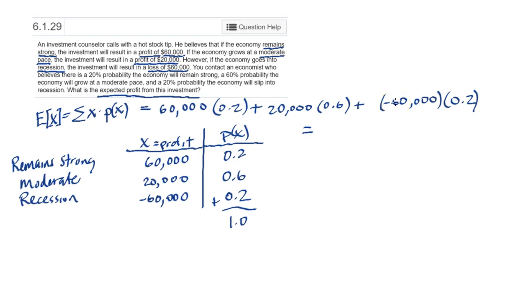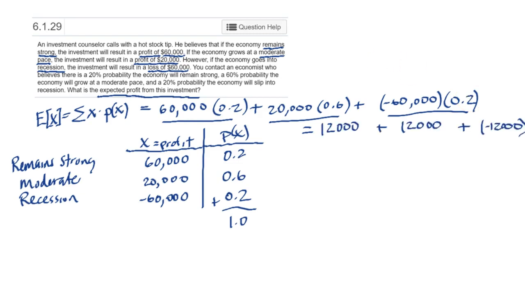So I'm going to go ahead and calculate this really quickly. I would suggest, if you want to take one step at a time, go ahead and find each of the products first. Remember order of operation. All right, so 60,000 times 0.2 is 12,000. 20,000 times 0.6 is 12,000.